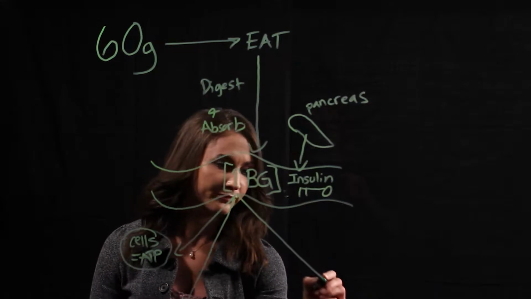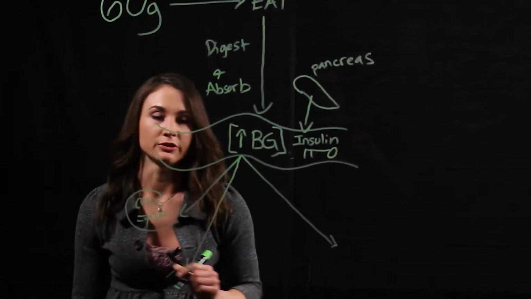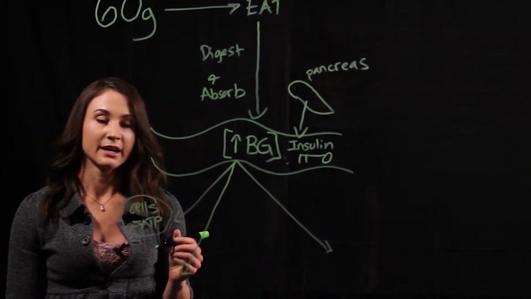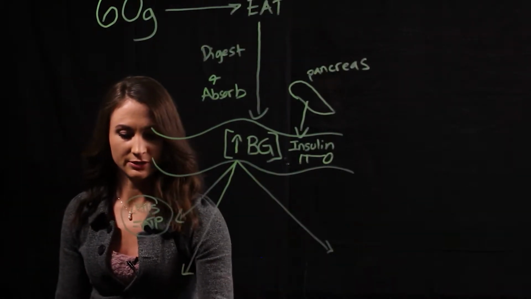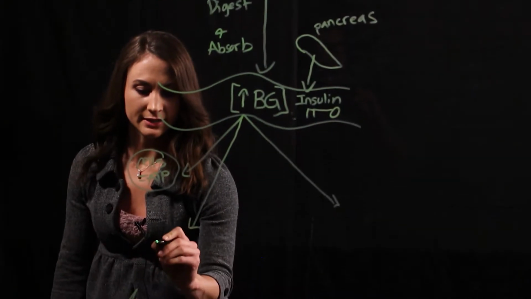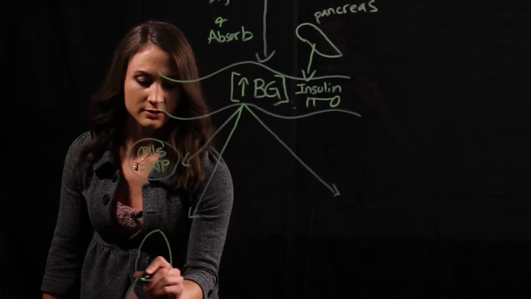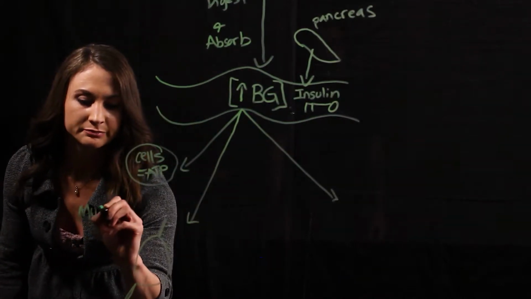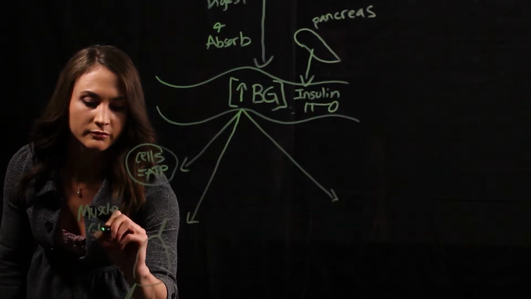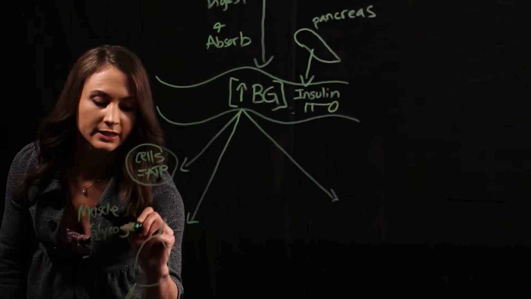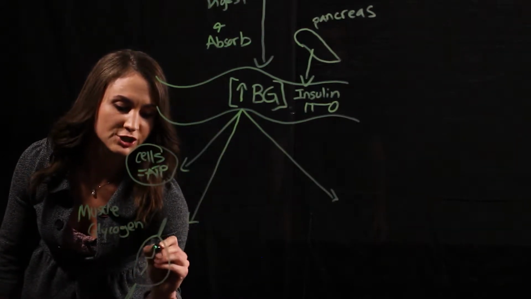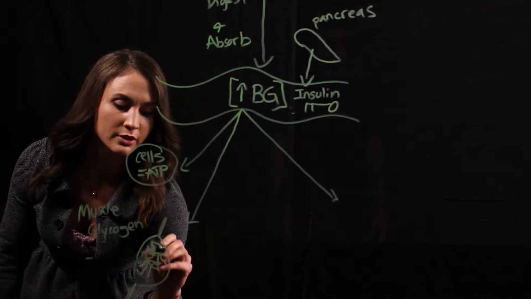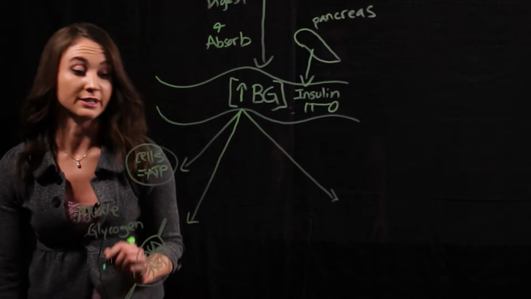Where we store our glucose is called glycogen, and we have 2 different sites for glycogen in our body. The first is the muscle tissue, which I'm just going to represent here by this tendon hooked to a small muscle. Okay, so here we have our muscle glycogen. Glycogen is a large branch chain, so I'm just going to make it kind of messy because it's a really branched molecule full of linked glucose units.